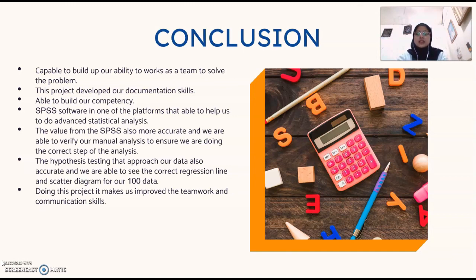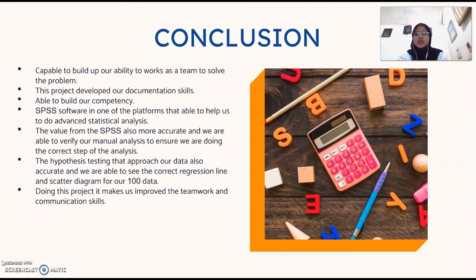Besides that, we are able to build our competency, where we are able to produce a simple report that contains the main idea of the project. At this stage, we are capable of preparing a problem statement, a set of 100 data, and how the data is obtained.